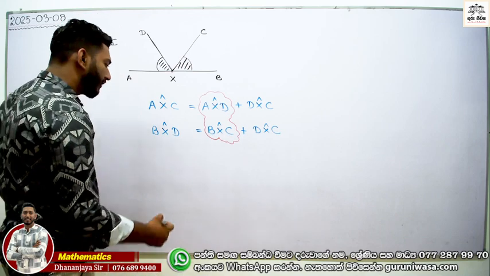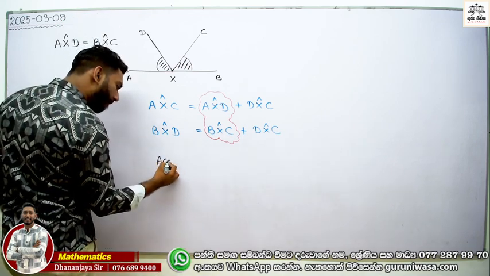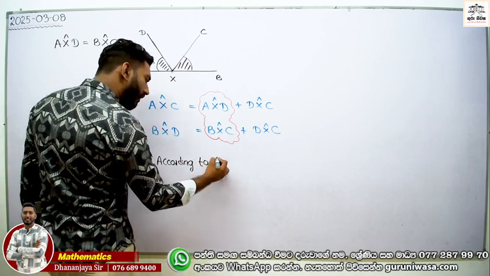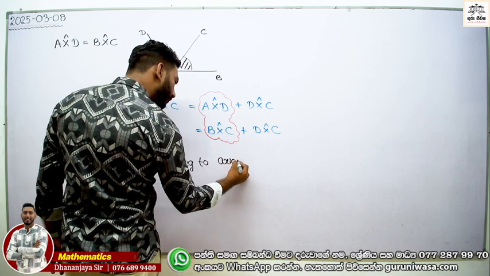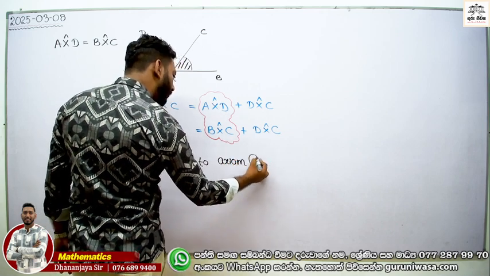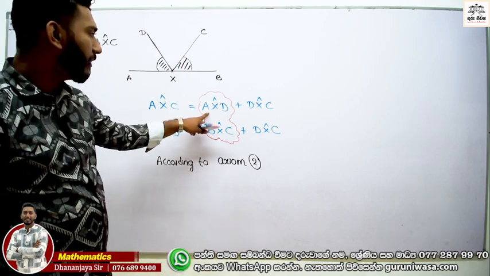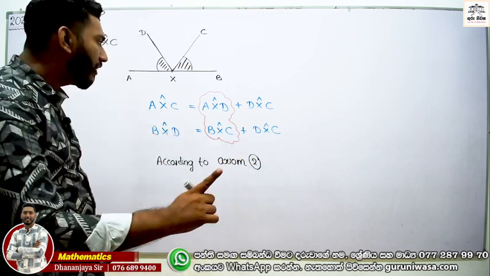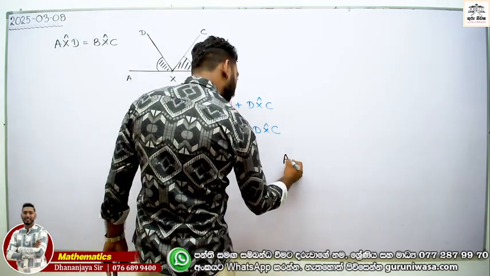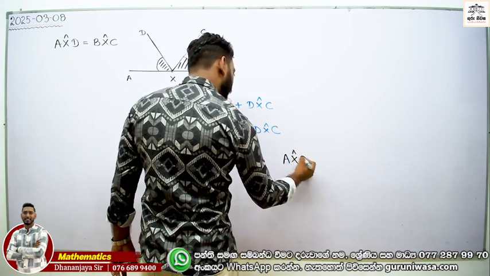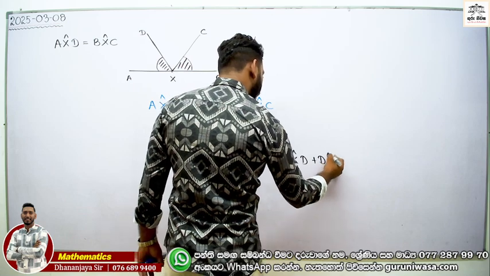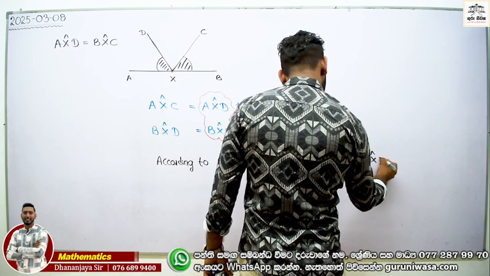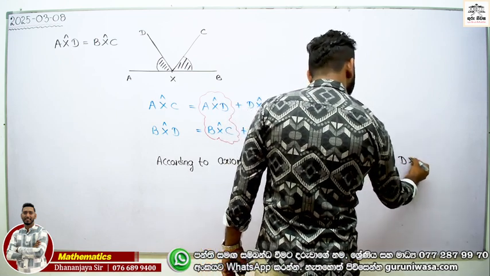Therefore, we can write according to axiom number 2. Because AXD equals BXC, I can write AXD plus DXC should be equal to BXC plus DXC.